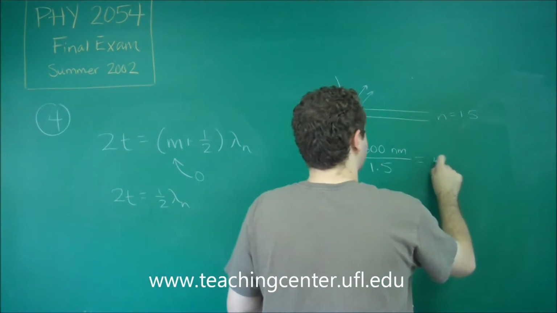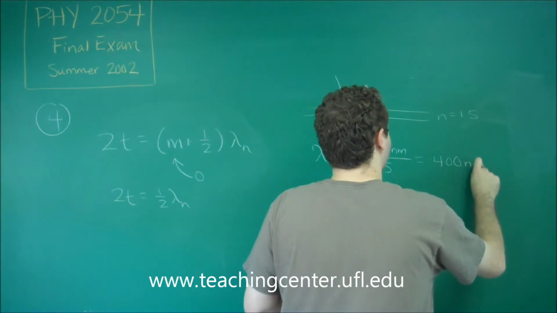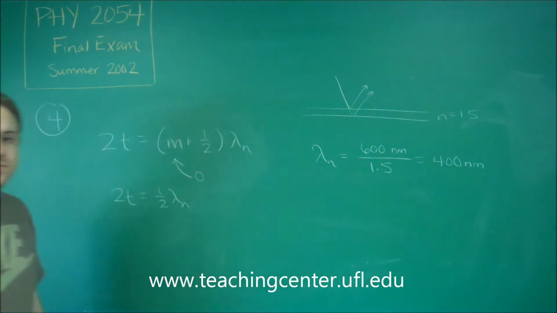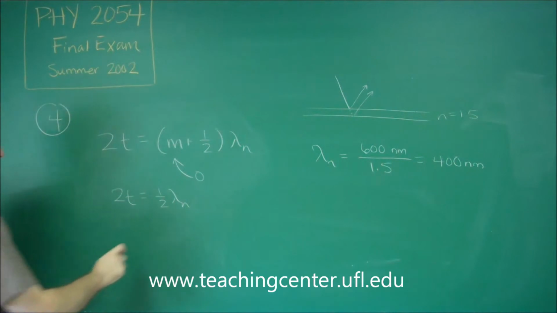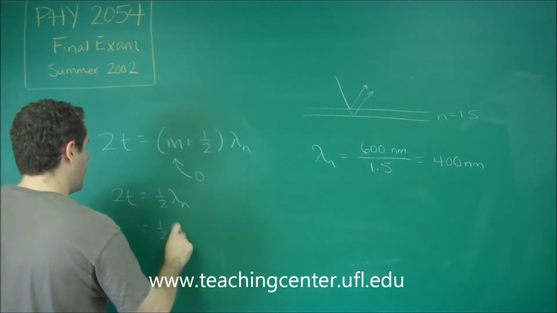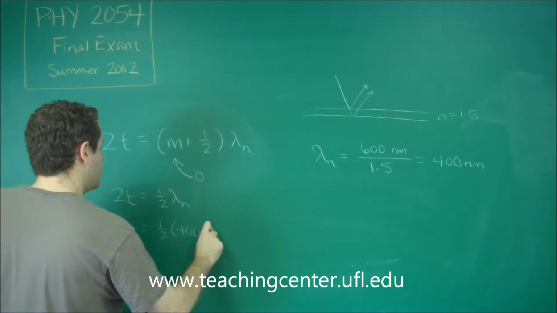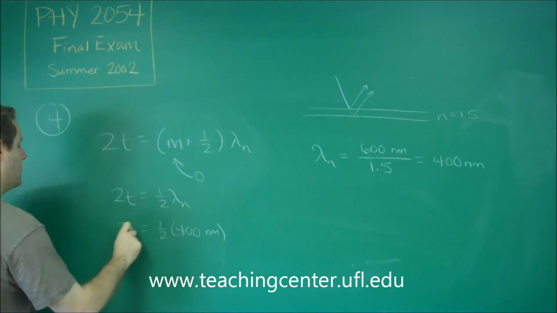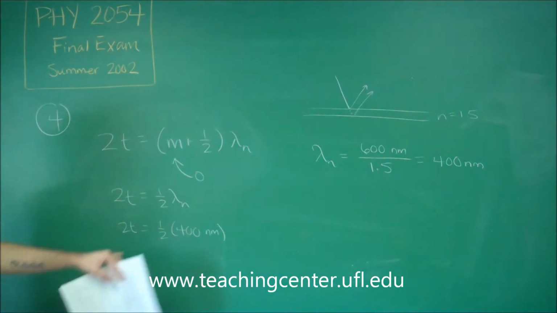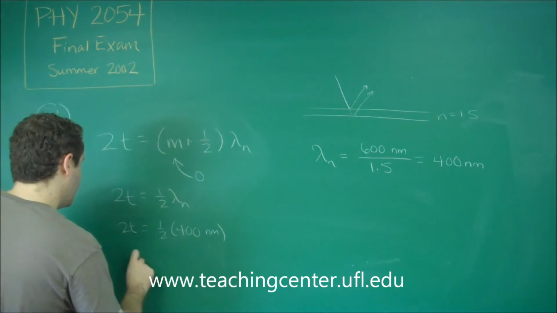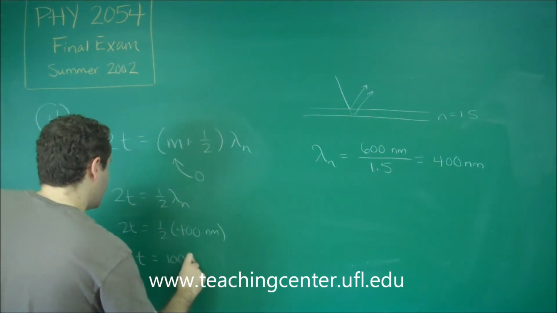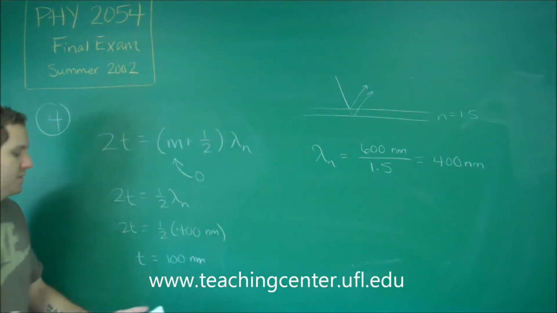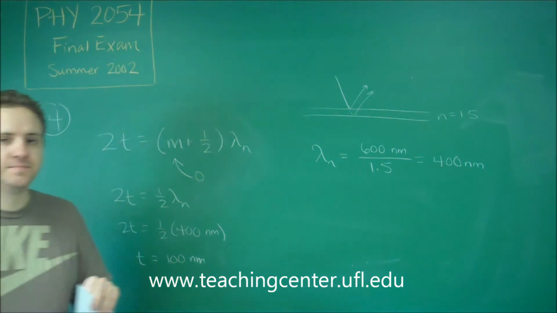This gives you 400 nanometers. If we plug that in here, we get 1/2 times 400 nanometers is equal to double the thickness. So that's 200, and if you divide by 2 here, you'll get 100 nanometers, which is answer choice 1.